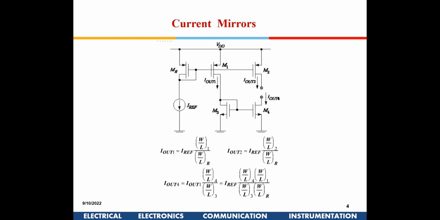But if we connect it to ground, then there is a difference between source and body, and then our VGS will increase. So it depends on us where we connect it. Try to connect it to the ground only. Okay. So is it wrong if we connect it to the source?